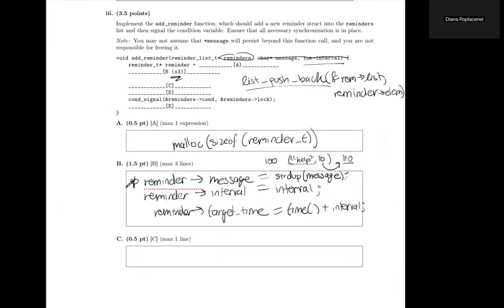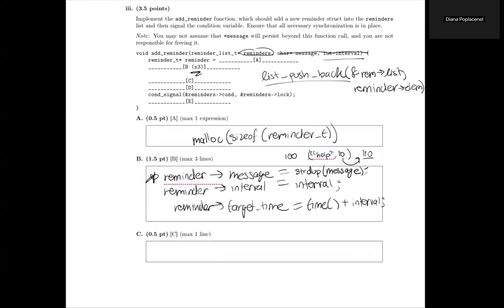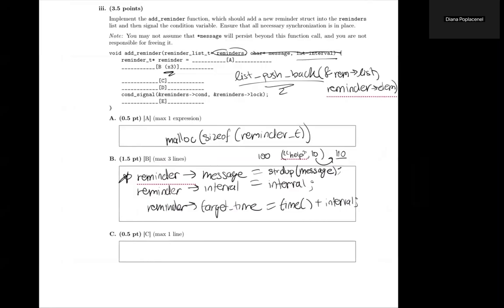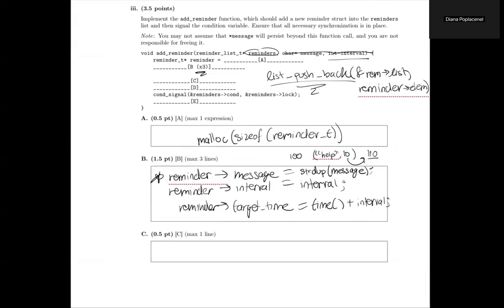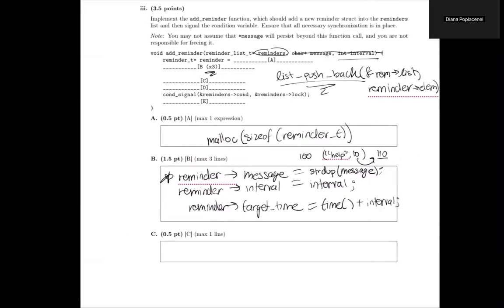But we also remember that our reminders list gives us a lock. And so that gives us some hint that we should protect something related to the reminders list. In this case, if we assume that multiple threads can try and add a reminder, then we would want to protect pushing to our list with some type of synchronization. And we also note that we have this call to cond_signal.